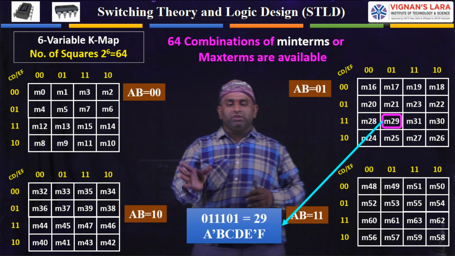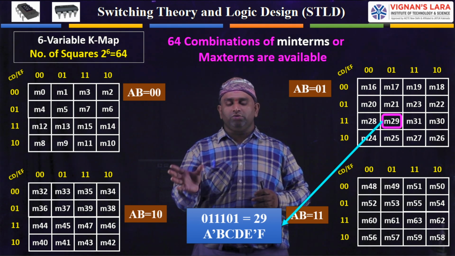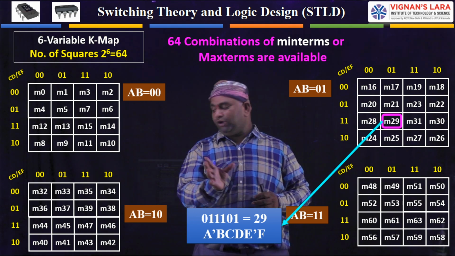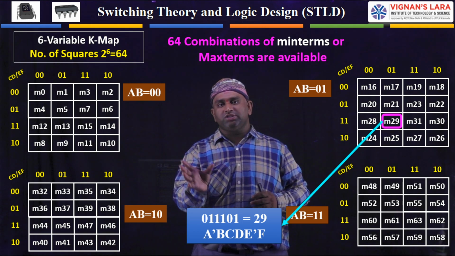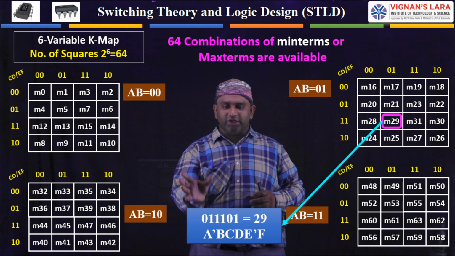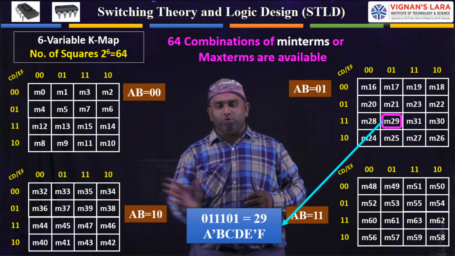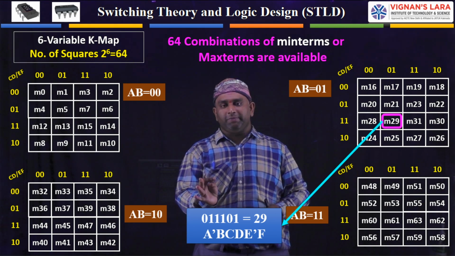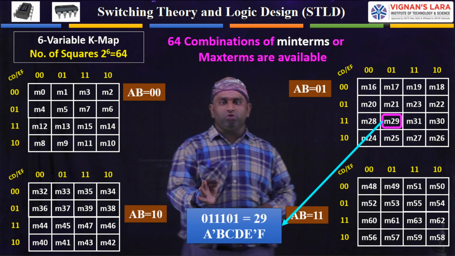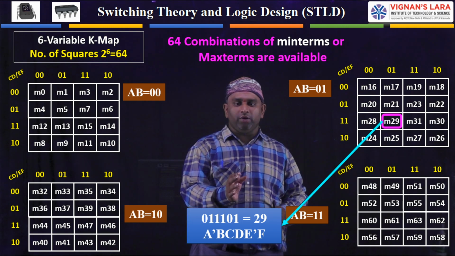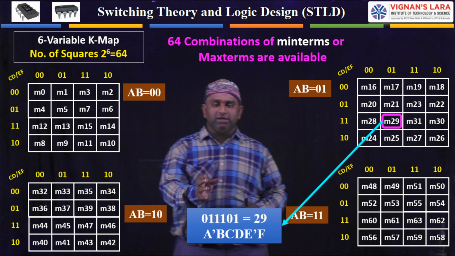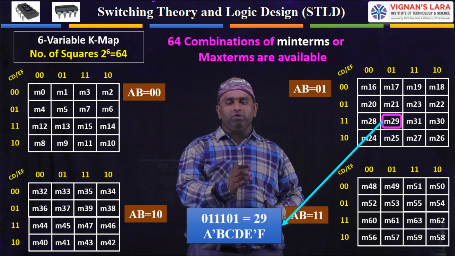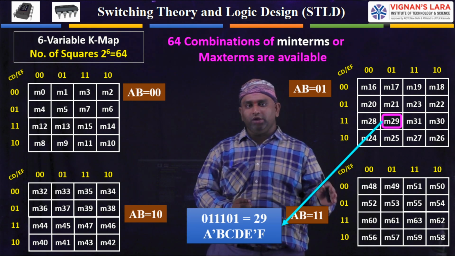The weights are 32, 16, 8, 4, 2, 1. In the place of 32 the value is 0, so remove it. And 16 is there, 8 is there, 4 is there, and 1 is there. 16 plus 8 is equal to 24. 24 plus 4 is 28. 28 plus 1 is 29.